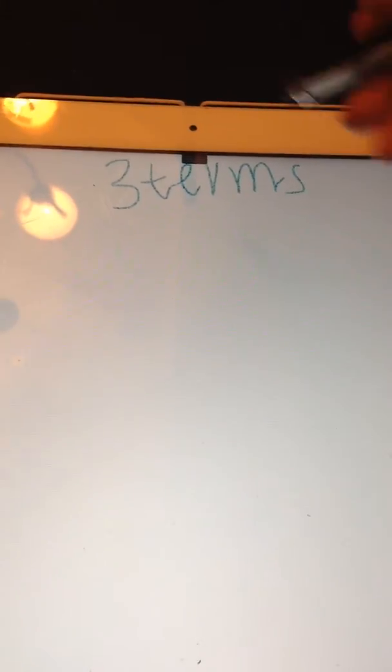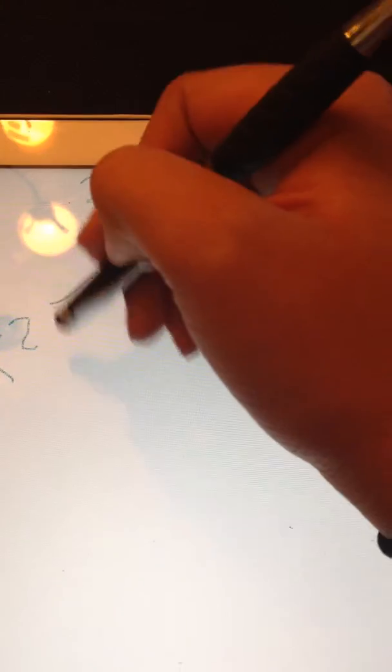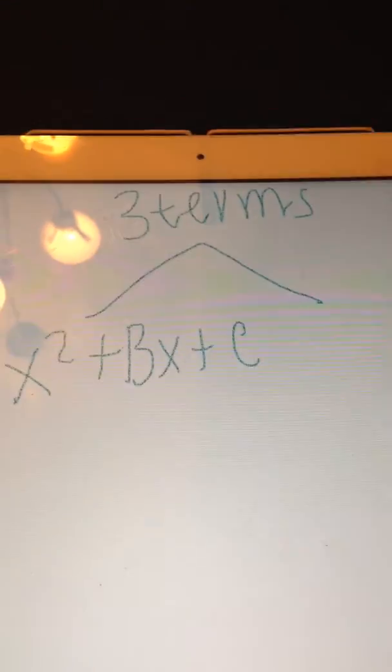So next we're going to do what the 3 terms mean, and we're going to make branches like this, and this means x squared plus bx plus c.